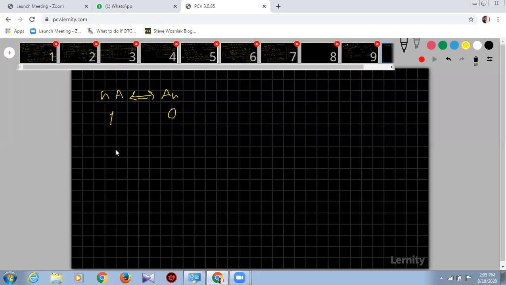And after a certain time t, it becomes 1 minus beta, and beta by n here. Am I right or not? Theoretical is 1. What is the observed? Observed is 1 minus beta plus beta by n.